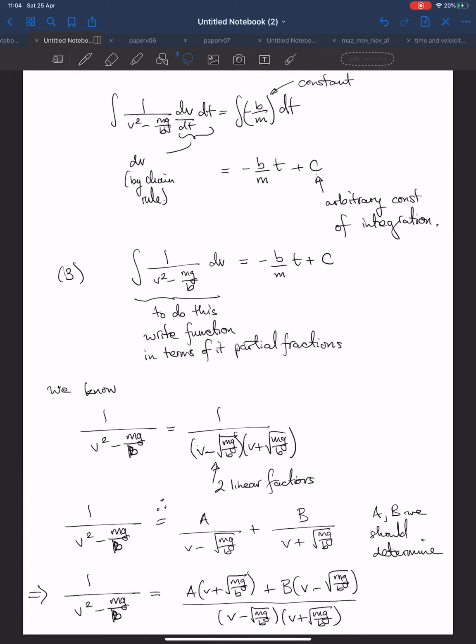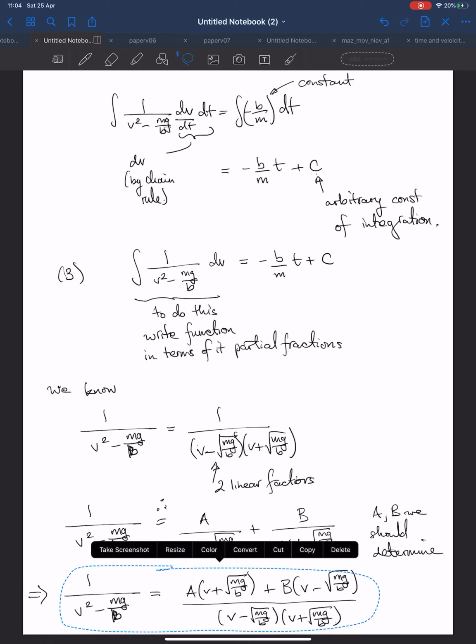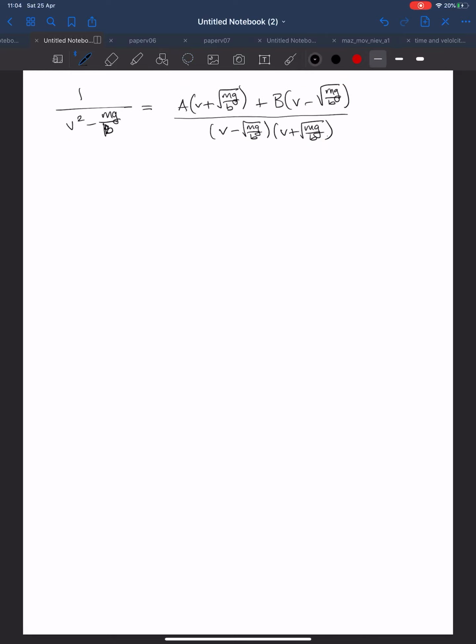And of course, the denominators in these expressions that I'm highlighting now, and that we'll use on the next page. The product of those two linear factors on the right gives me the denominator on the left-hand side.